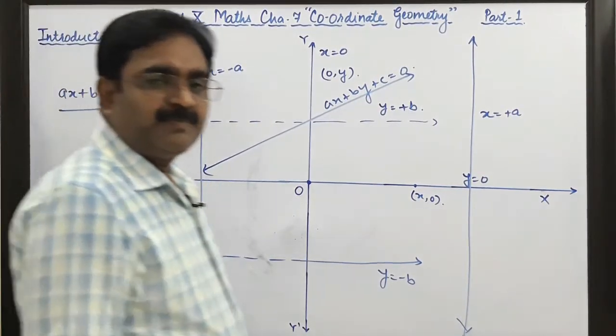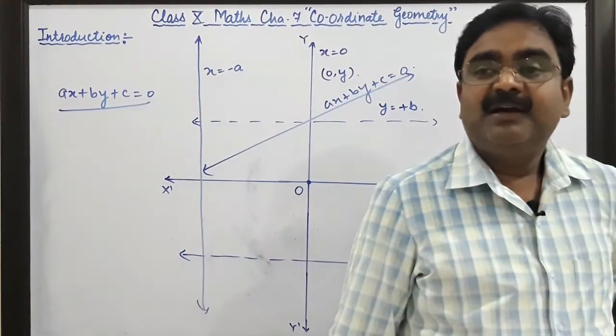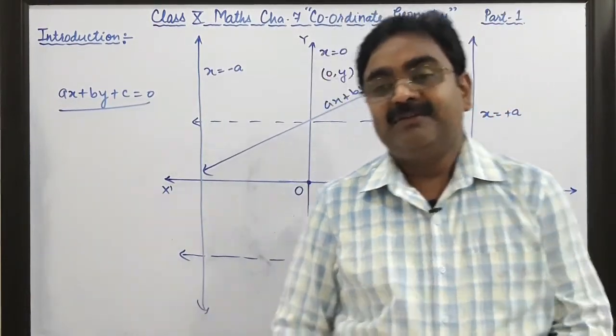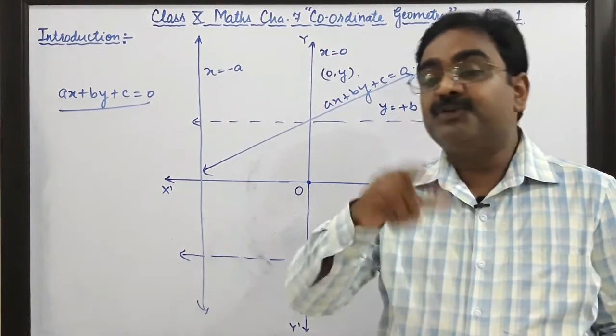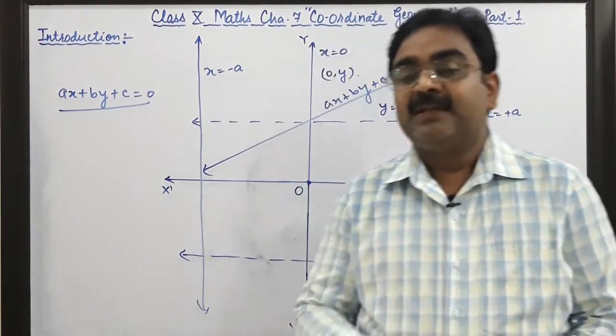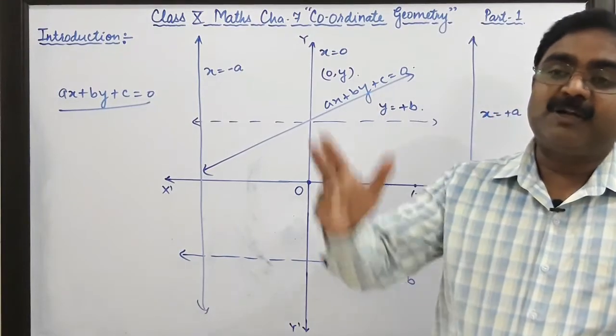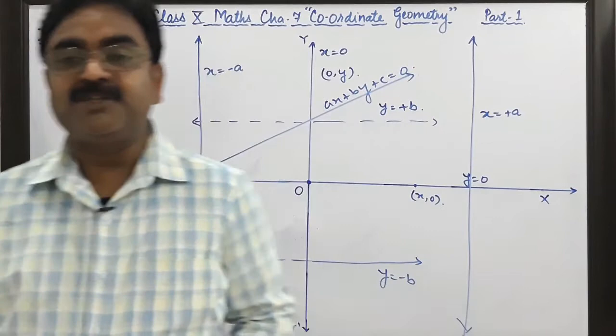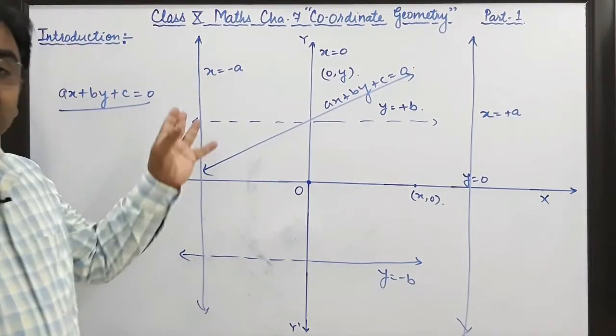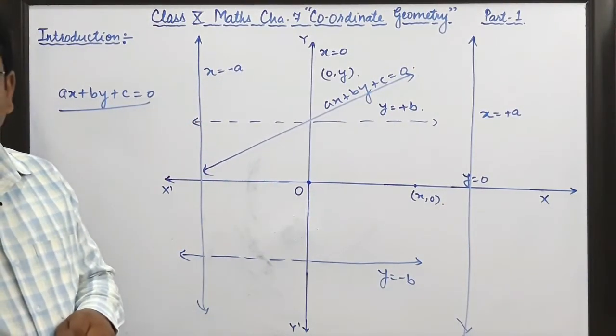in the second chapter, polynomials, you have read the quadratic equation, the quadratic polynomial ax square plus bx plus c. The graphical representation of this quadratic polynomial is always a parabola. Why?